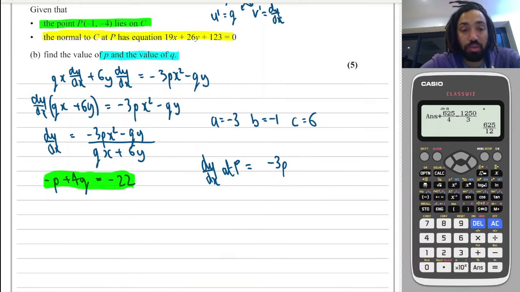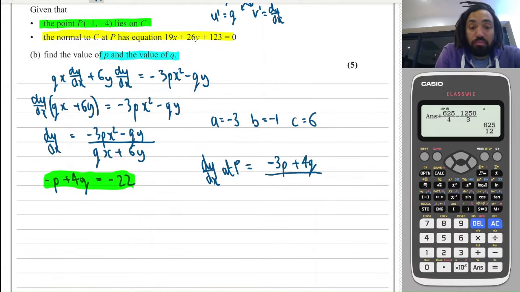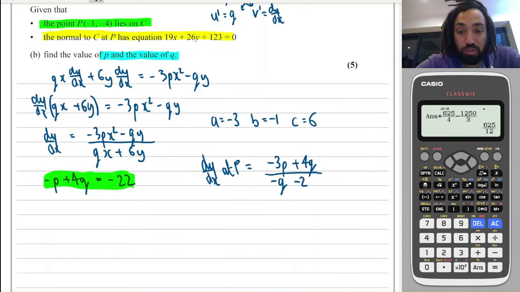So just minus 3p is the first part. We've got minus qy, so minus times minus 4 is plus 4, so that's plus 4q there. And then all over x is minus 1, so that's minus q, and then 6 times minus 4 is just minus 24. And I'm told that that is the gradient. Okay, so that's the gradient.